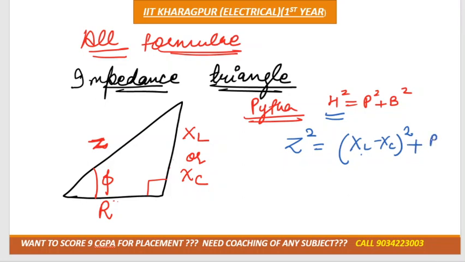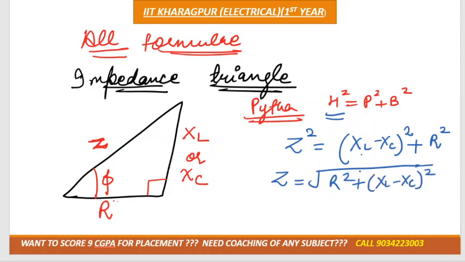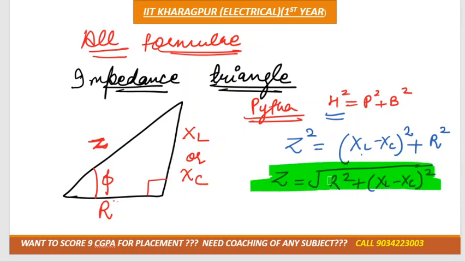Base is the resistance, plus R square. Correct? So you will get Z is equal to the square root of R square plus (XL minus XC) whole square. Correct? Any doubt in this? So we got this formula, right?